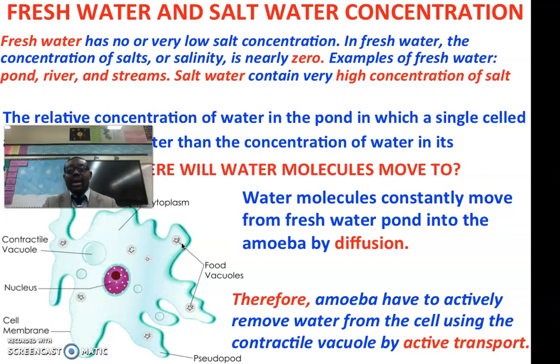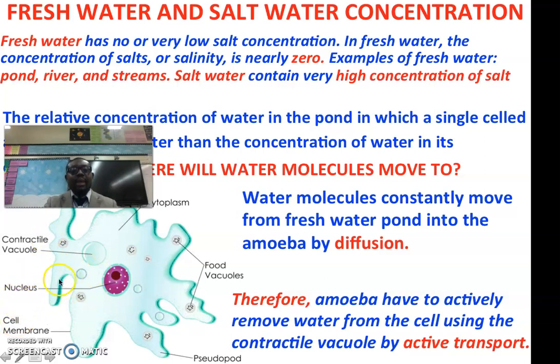So, therefore, the amoeba cell has to actively remove water from the cell using the contractile vacuole by the process called active transport. That means the amoeba needs to spend energy to move water, collecting the water in the contractile vacuole. The amoeba will move the contractile vacuole towards the end of the cell membrane.